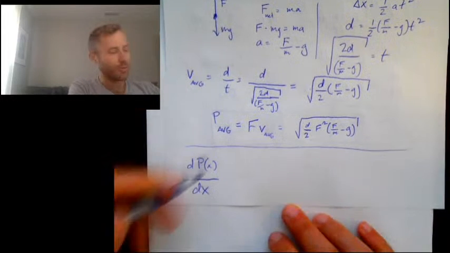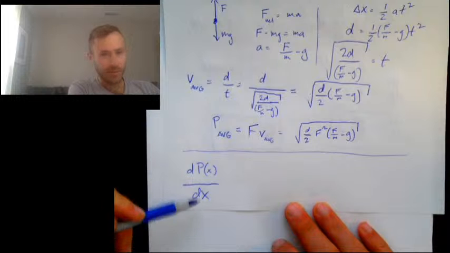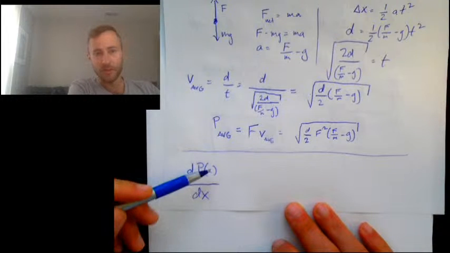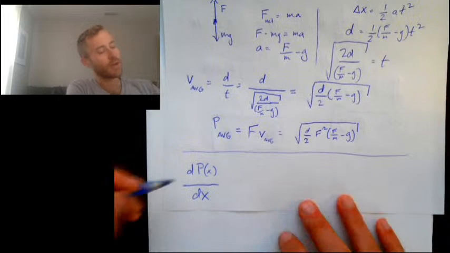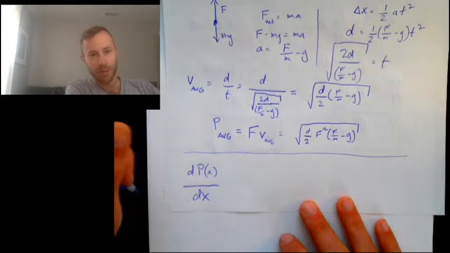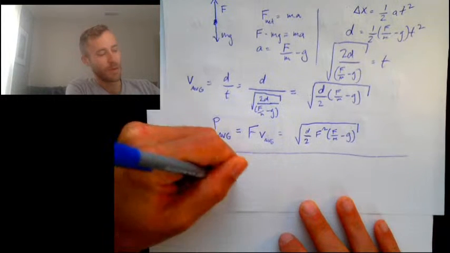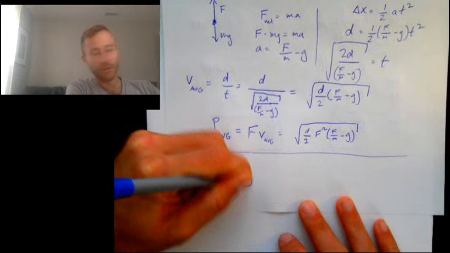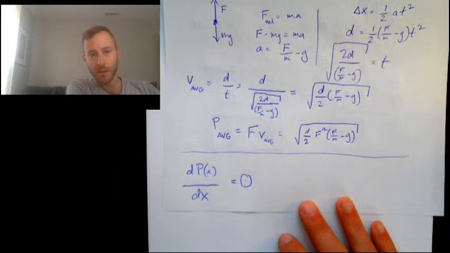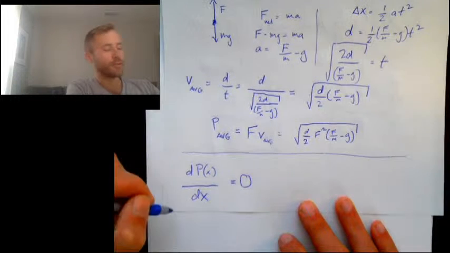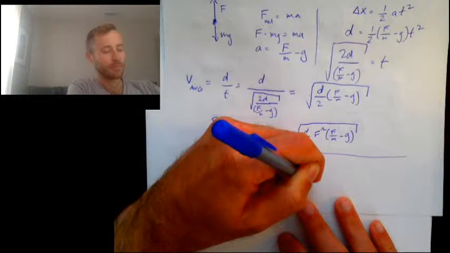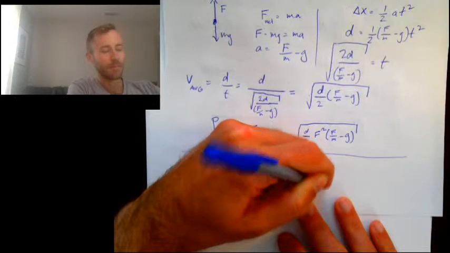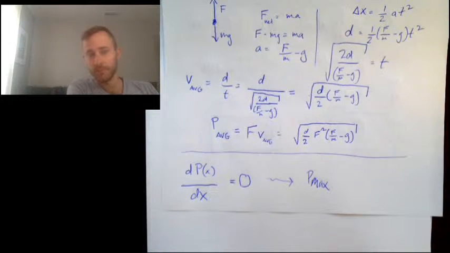I'm putting x to be just an arbitrary variable. This doesn't mean position. It could mean anything. You take the derivative of the power with respect to that variable, and you set it equal to 0. And then you can find the maximum power point, which is really cool.